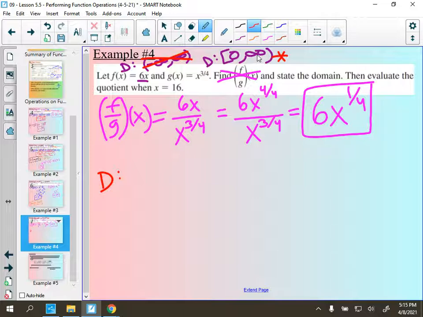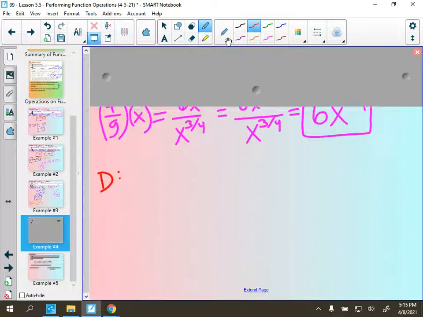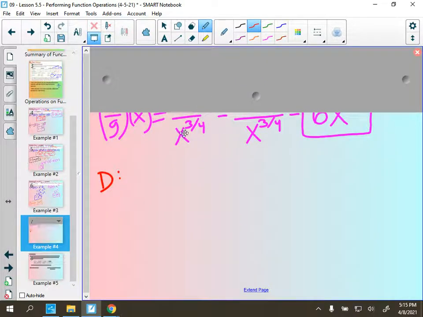Well, no, not really. We just got to think, what number in this denominator, even going back to the very original, what number would create a 0? Ignoring the numerator. What number would you have to plug in for x and take it to the 3/4 power to get 0? Because 0 is the bad guy in the bottom here.